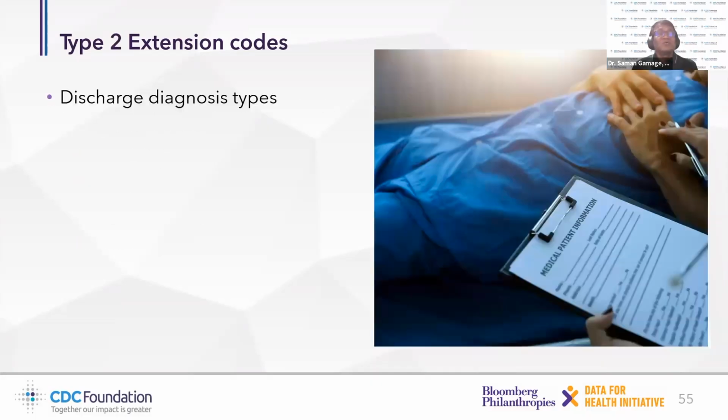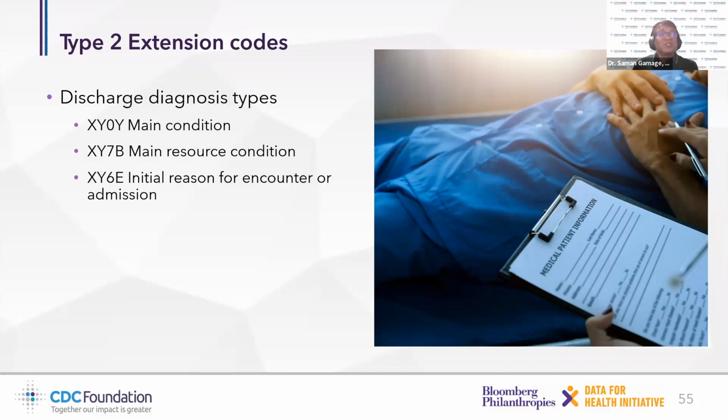Type 2 extension codes may show discharge diagnosis types, especially useful in morbidity coding to indicate a main condition, main resource condition, initial reason for encounter or admission, diagnosis timing.